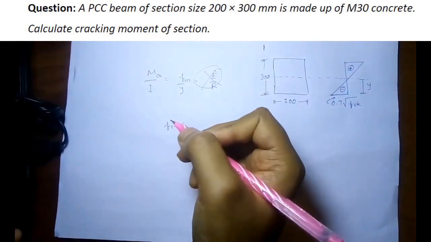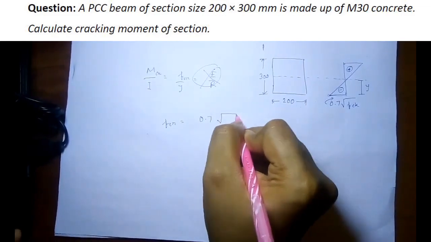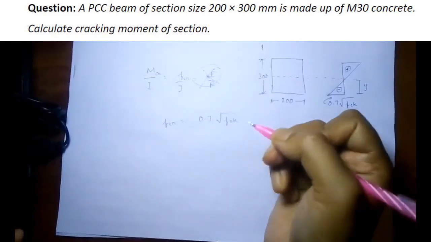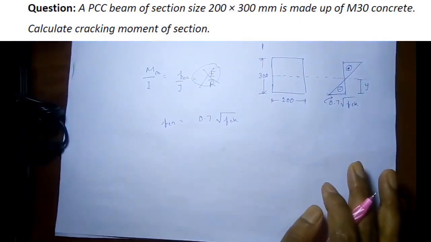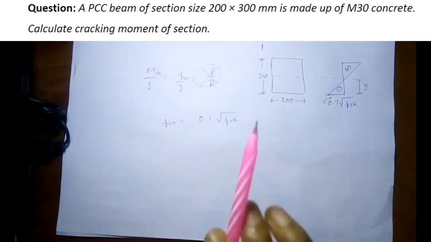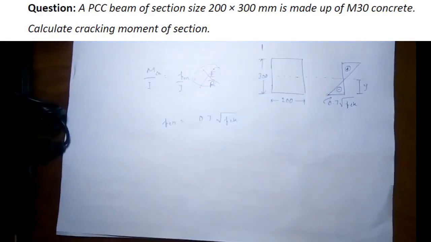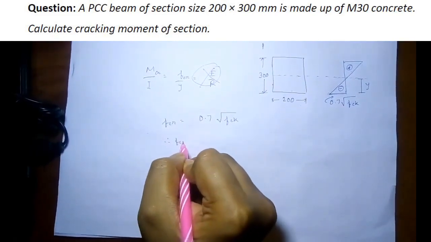We know that fcr is equal to 0.7 root fck, and fck according to the question is given as M30 concrete, so fck will be equal to 30.